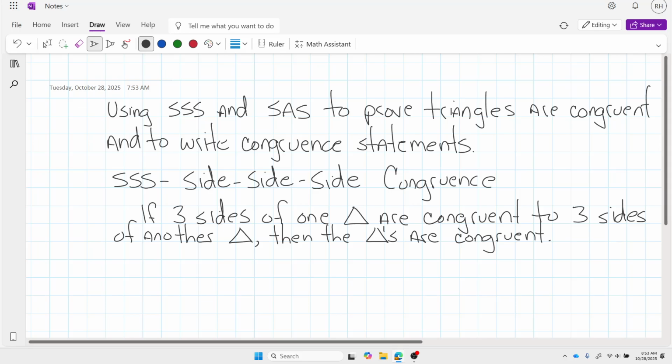If three sides of one triangle are congruent to three sides of another triangle, then the triangles are congruent.